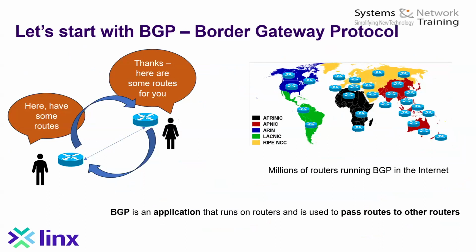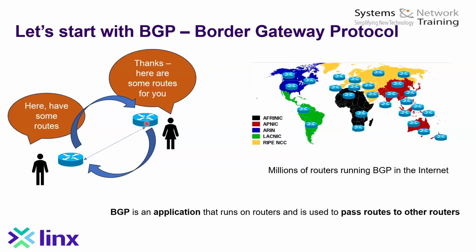So let's get started then. We start with BGP itself. If we ask ourselves, what is BGP? BGP is really nothing more than an application, just the same as the applications you have on your phones, on your laptops, on your computer systems, but it's an application specifically that runs on network routers.